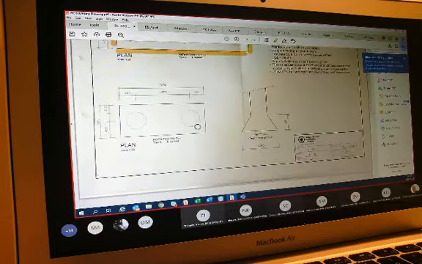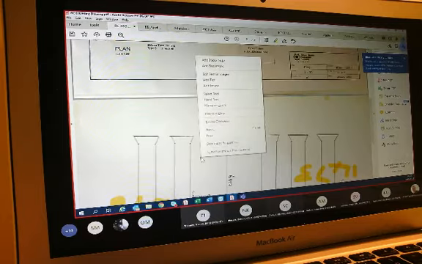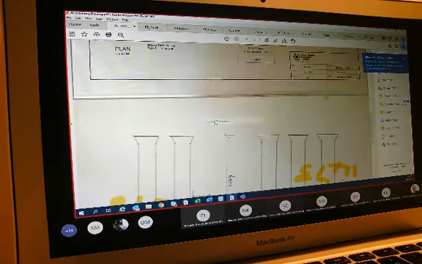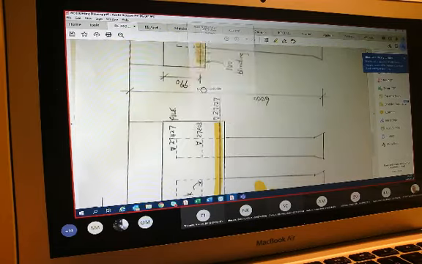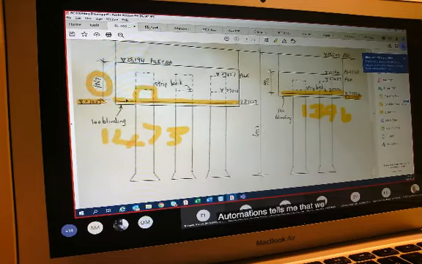Now let us have a look at our dimensions. Our dimensions tell me that we need to measure formwork for the 1067 and for the 990 over there.